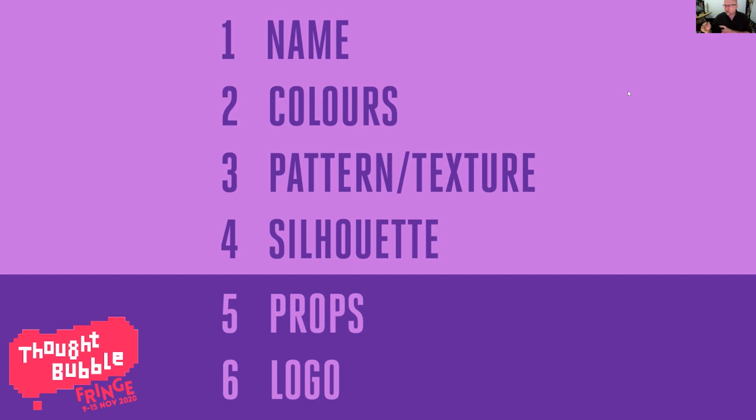Normally I would sketch some things, or I'd write down a shopping list of all the cool stuff that I like, and then it's just a case of refining that, getting rid of things that don't work, changing the colors a bit, working with the silhouette, and who knows, before you know it, you've got a fully realized hero. And even if you're happy with it, you can still evolve and change it over time. There's really no need to feel that you have to get it right first time.